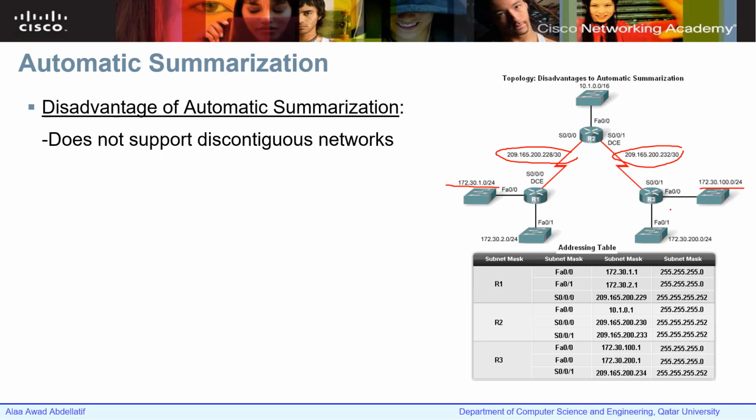If I have these two IP addresses, 172 and 172, near to each other, I can summarize them. But due to the discontinuity, the new IP addresses 209 and 209 break the continuity in the network. In this case automatic summarization will not work, because I can't summarize this branch and I can't summarize another branch. So automatic summarization will fail. It doesn't support a discontiguous network.